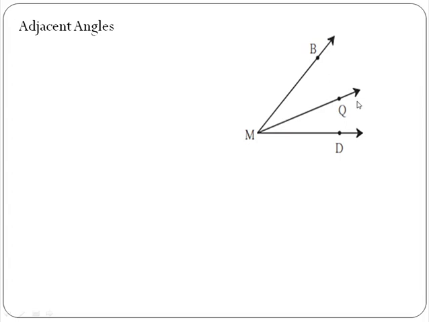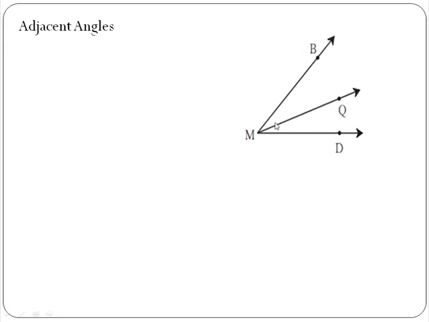Here the common vertex of all the three angles is point M. The interiors of these two angles, angle BMQ and angle QMD, are different, or we can say these are separate. So these two angles BMQ and QMD are said to be adjacent angles. These two are also called neighboring angles.